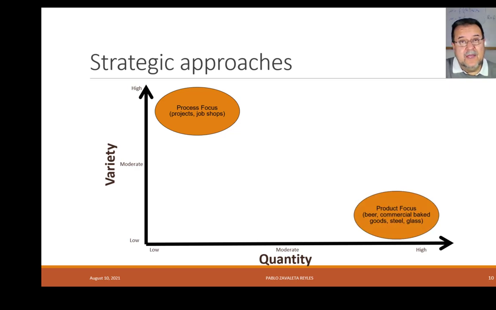Every case is different, so we have to treat them individually. But what happens on the other hand, if we have very low variety and a lot of quantity, for example, beer production, refreshments, steel, crystal, glass, all those are products where we concentrate on the product. The machinery is very specialized in order to treat high volumes, a lot of quantity, but very, very small variety of the product.